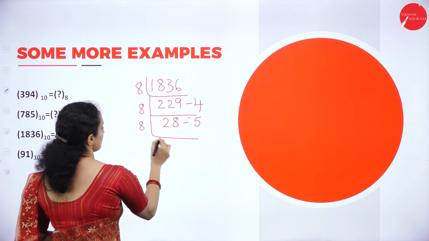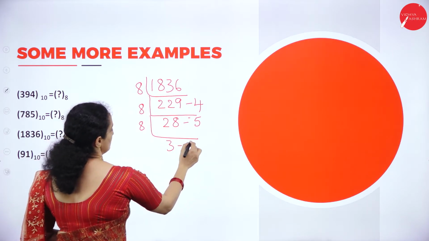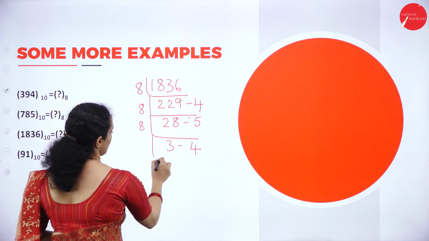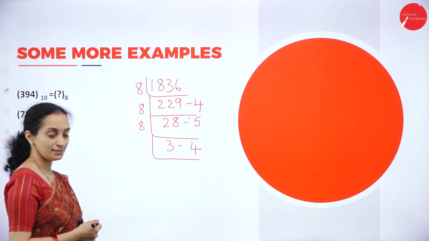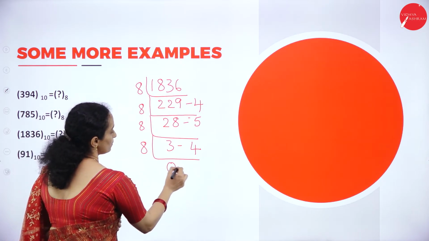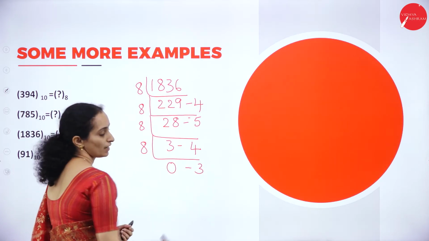Next, again you can divide it or you can keep it like this, 8, 0, remainder is 3.